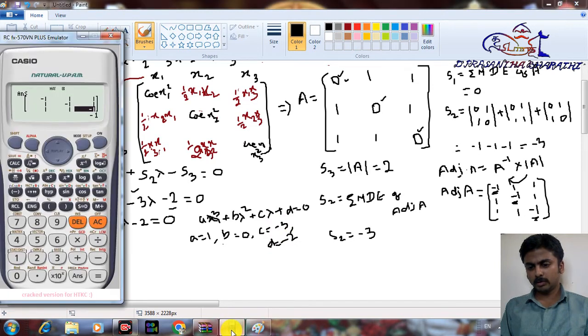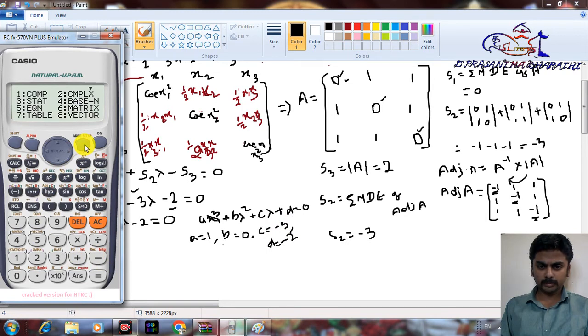Now we can use a mode. What mode can we use? We can use equation mode. In equation mode we want to use the fourth format, which has the degree.